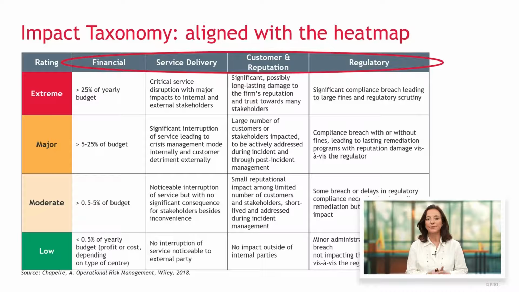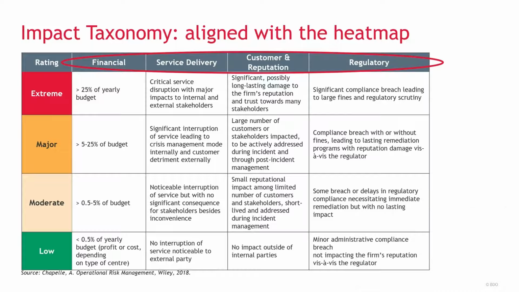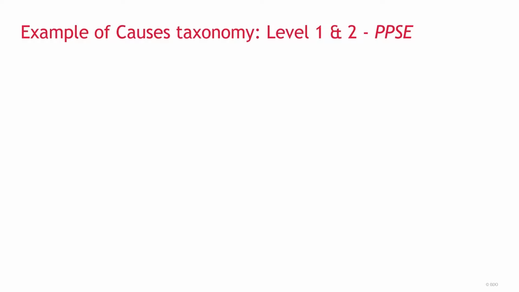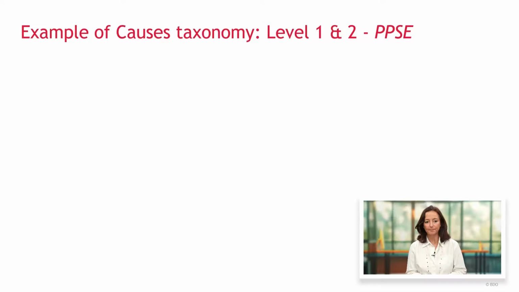Financial impact, obviously, more and more service delivery and continuity, customer detriment and reputation damage, and of course regulatory consequences for regulated sectors. So there is also a clear correspondence between your categories of impact and what you assess as part of your risk and control self-assessment.